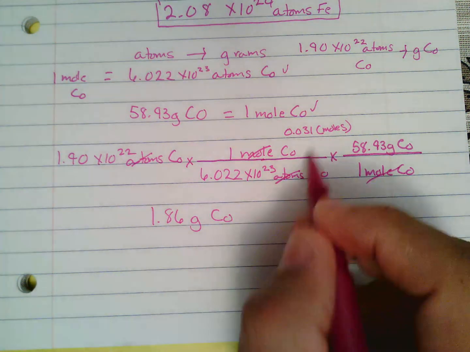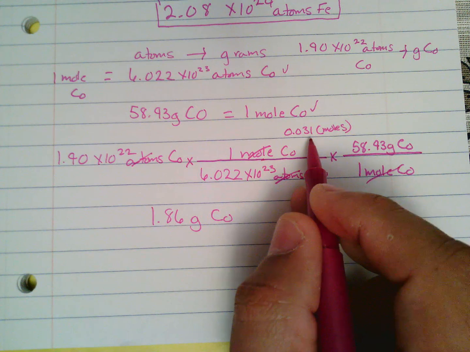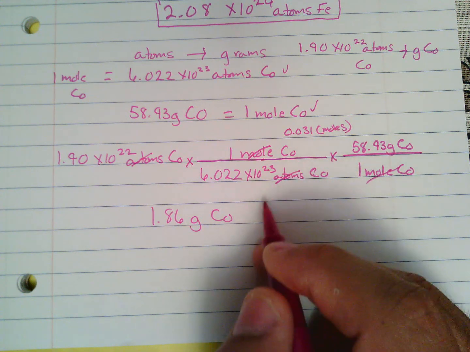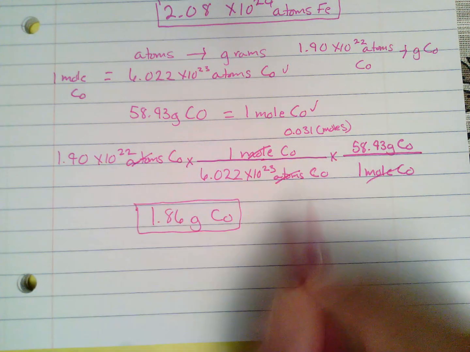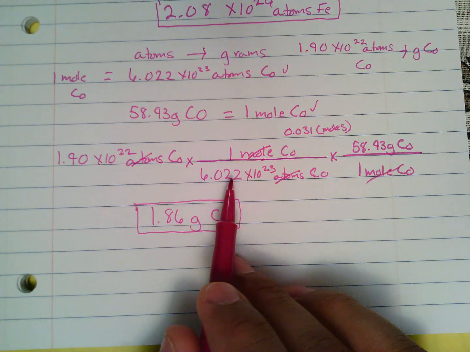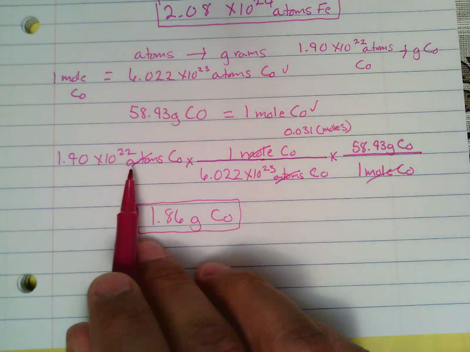And that makes sense because we had a very small amount of moles here. So from there, we box it up and now we have it. So that's a two-step problem, a two-step conversion of changing from atoms to grams.